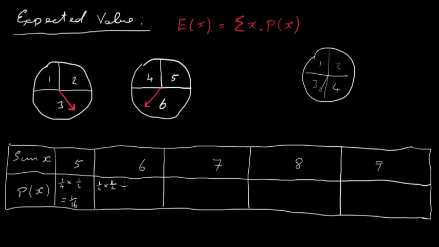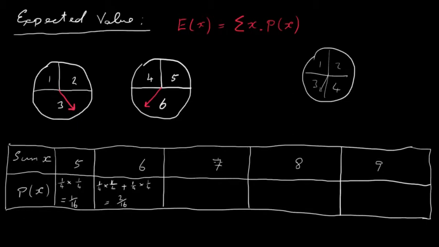Or, we'll add, another way is this arrow landing on a 4 and this one landing on a 2. So that's also a quarter times a quarter. When you multiply these, you get 1 over 16 plus 1 over 16, which gives you 2 over 16. So the probability of getting a 6 when we spin these two spinners is 2 over 16, or 1 over 8. We'll leave them as 16ths for the moment.